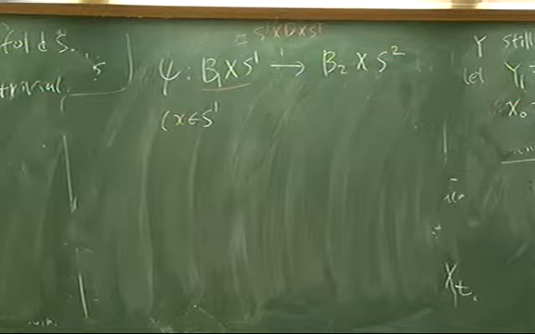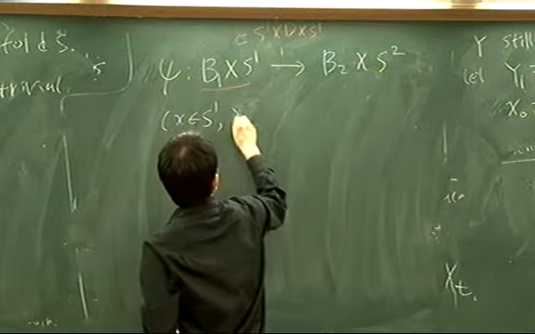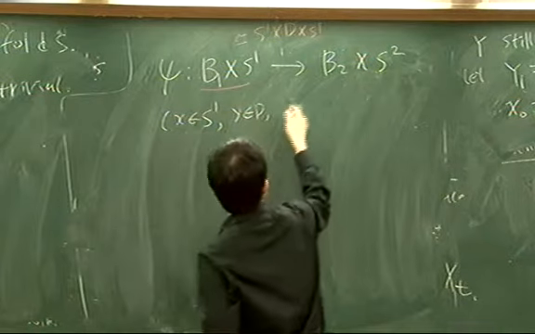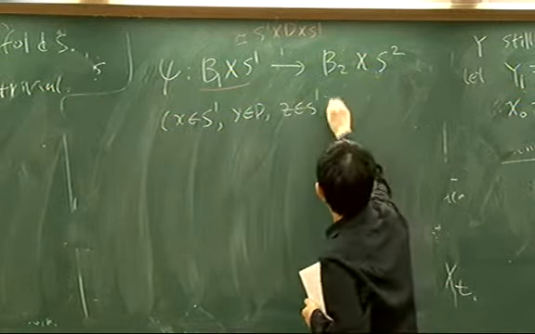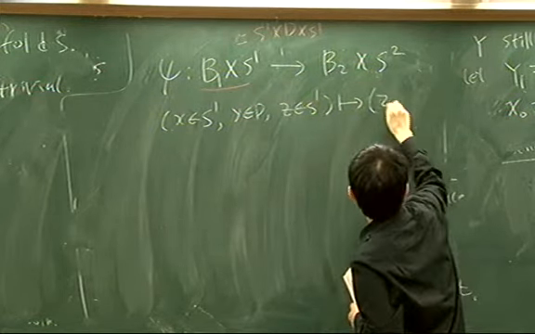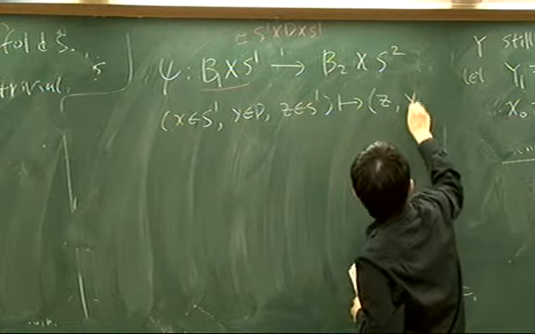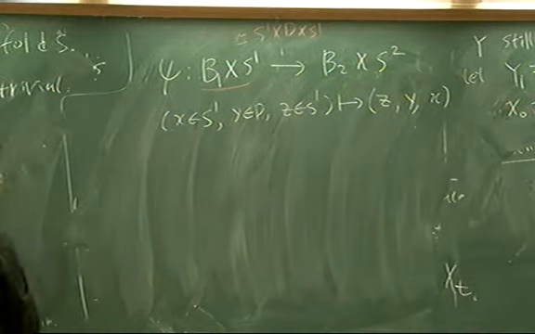So the first coordinate is here, y is in D here, and Z is S1. And this goes to Z, Y, X. You see? This is changed.